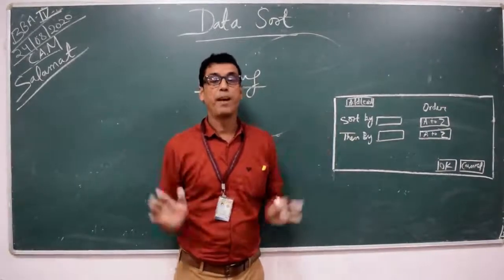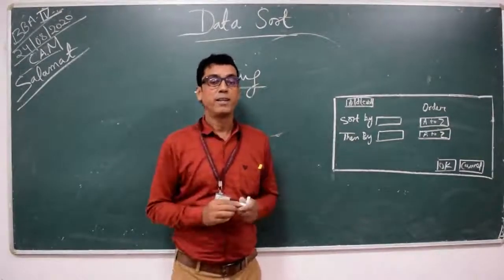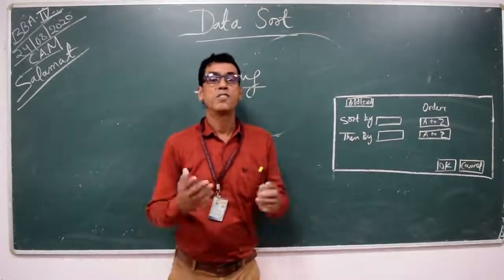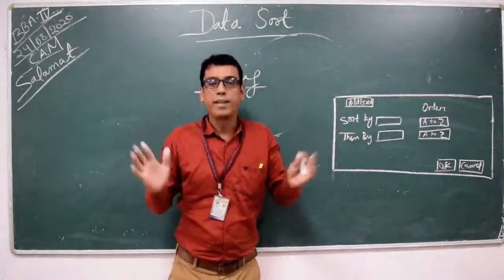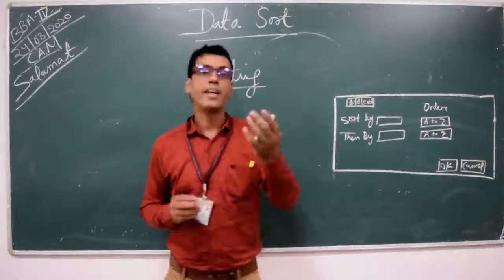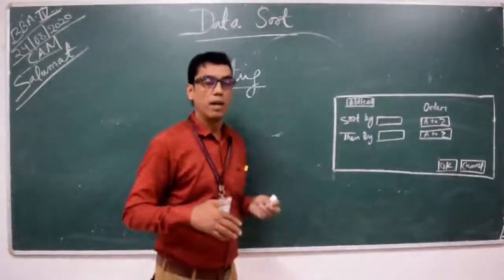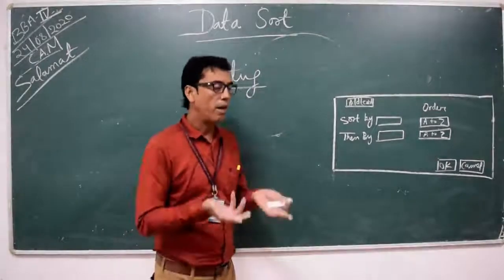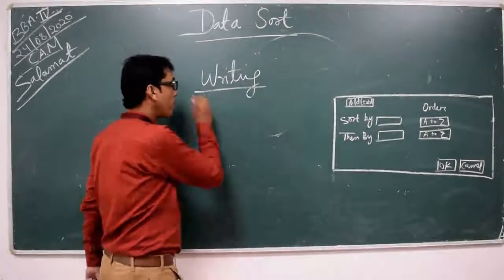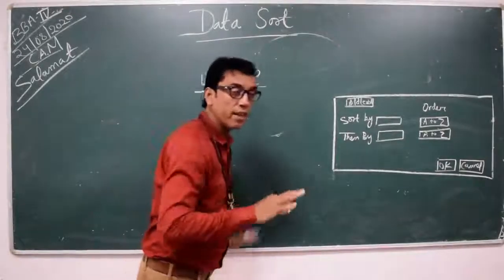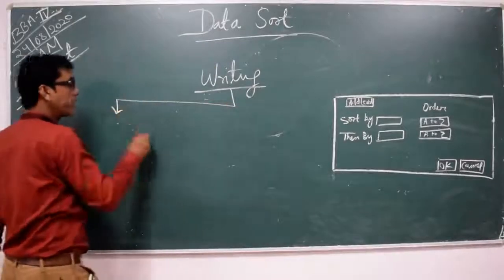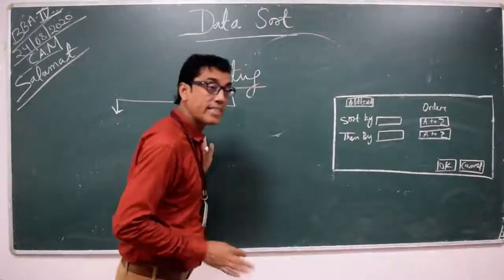I'm talking about the evolution of human civilization. After they developed the language of speaking, they started learning how to write. After they developed the alphabets to write, they started developing the style of writing.